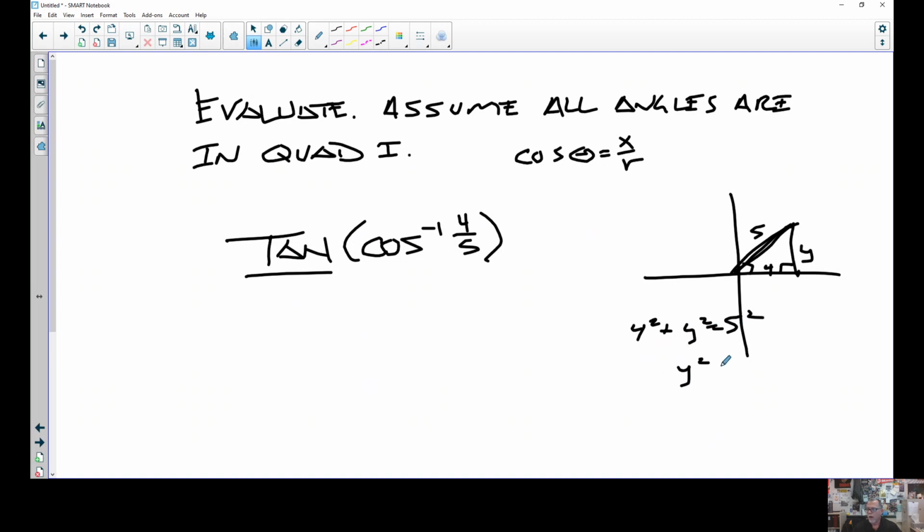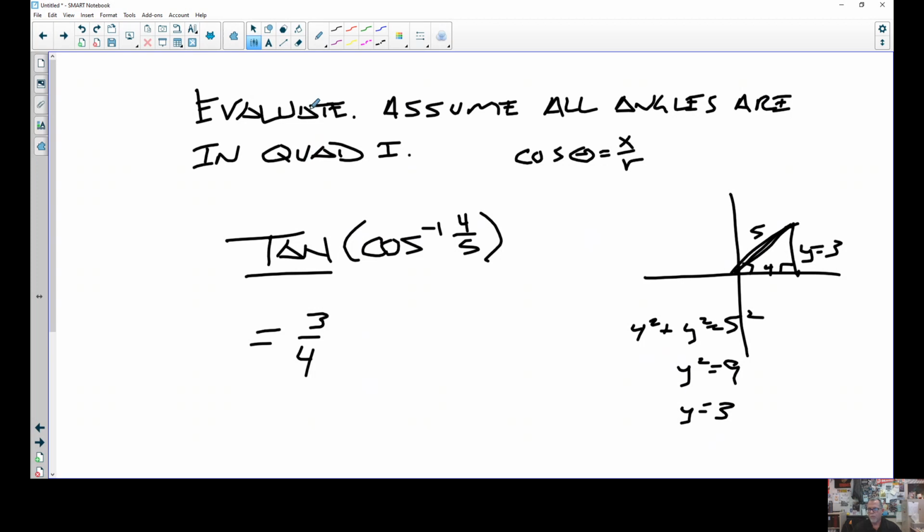And that would tell me that y squared equals 9, because 25 minus 16. That means y equals plus or minus 3 technically, but we're in first quadrant, so it's going to be positive. So I know y equals 3. So if I want the tangent of this angle, tangent would be opposite over adjacent. So it's going to be 3 over 4.